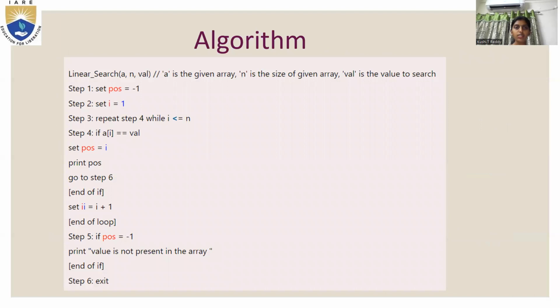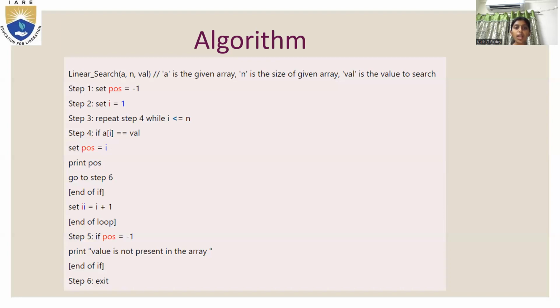Coming to the algorithm, we are going to see the linear search algorithm. LinearSearch(A, n, val): A is the given array, n is the size of the given array, val is the value that is to be searched. Step 1: set pos = -1, set i = 1. Step 2: repeat step 4 while i <= n. Step 3: if A[i] = val, then set pos = i and print pos, go to step 6, end if.